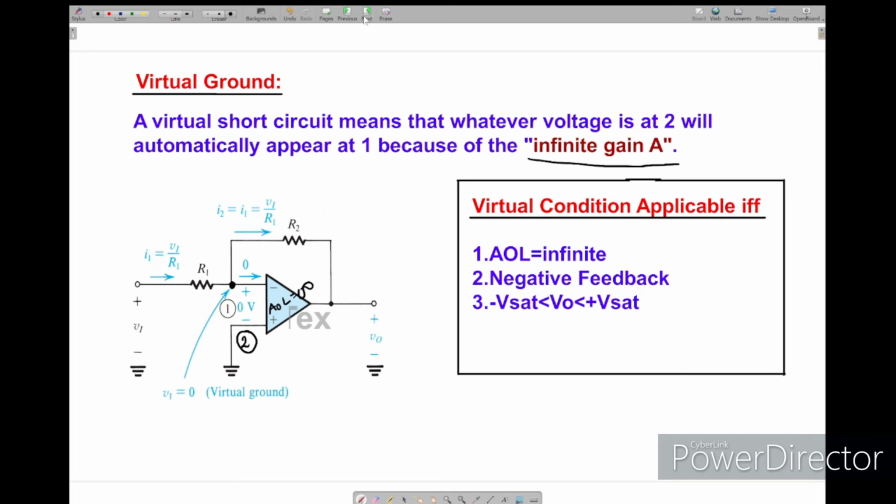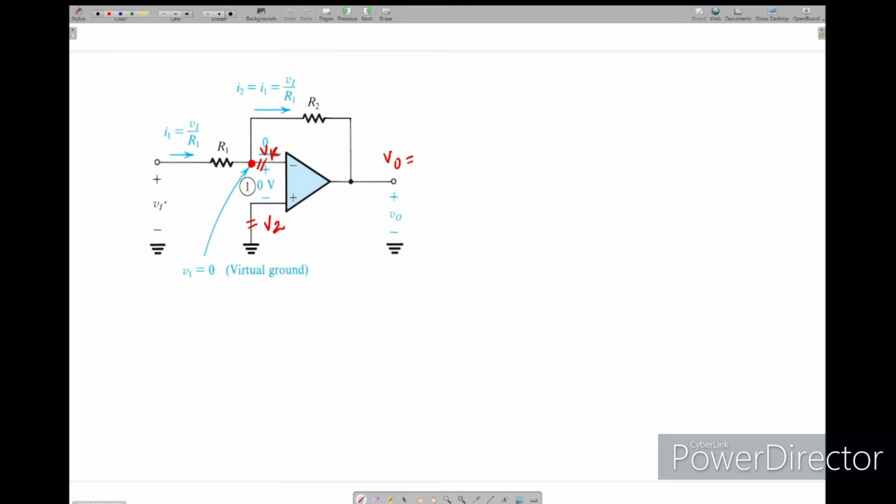Let's see the derivation for this. Now we have an op-amp which is an ideal one, having infinite gain.